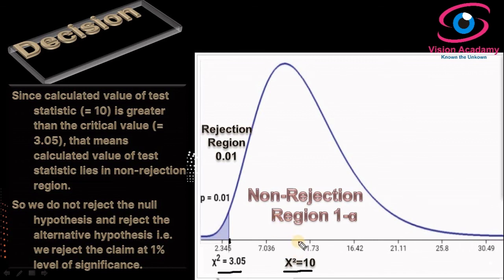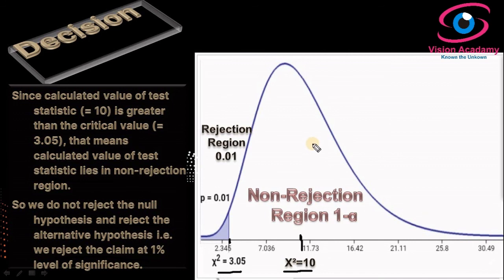So the 10 will fall somewhere here, which is in the non-rejection region. What does it mean when the test statistic falls in the non-rejection region? It means you are not going to reject the null hypothesis. So we do not reject the null hypothesis, and we reject the alternative hypothesis, that at 1% level of significance we reject the claim.